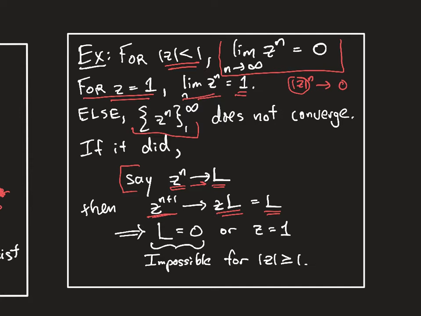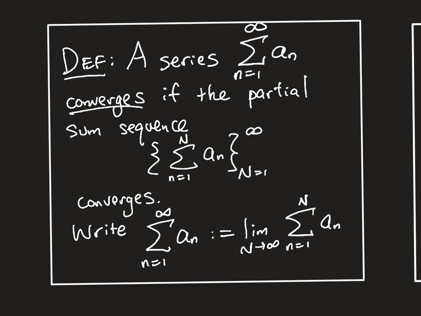So you get that either, if this limit exists, it has to equal L, or you have to have z equal to 1. And we can't have the limit equal to 0 if all of the numbers are greater than or equal to 1 in modulus. So this is a way of just showing that the limit won't exist in all other cases.